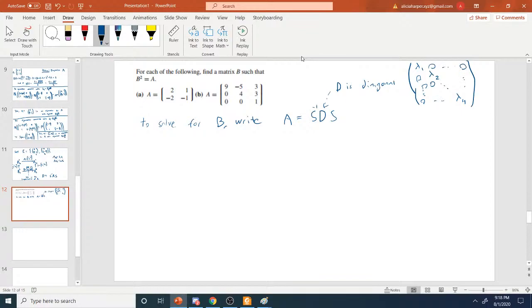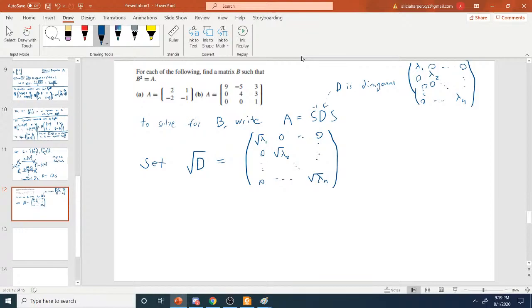Then we set the square root of D to be the matrix with entries square root of lambda 1, square root of lambda 2, and so on, square root of lambda n. So all I'm doing is taking the square root of everything along the diagonal.